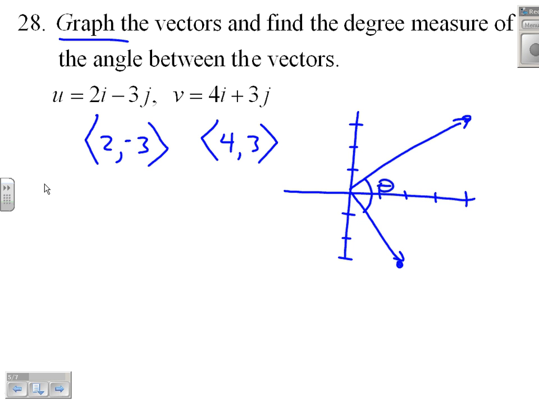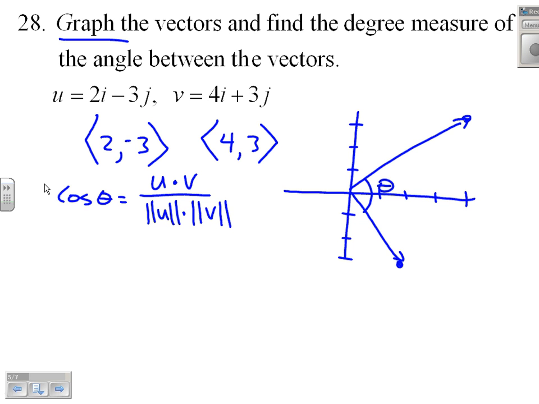Again, using this awesome formula that says cosine of theta equals the dot product of u and v over the product of the magnitudes. If my diagram is fairly accurate, I'm looking for an angle that's going to be pretty close to 90 degrees. It may not be 90, but should be pretty close.